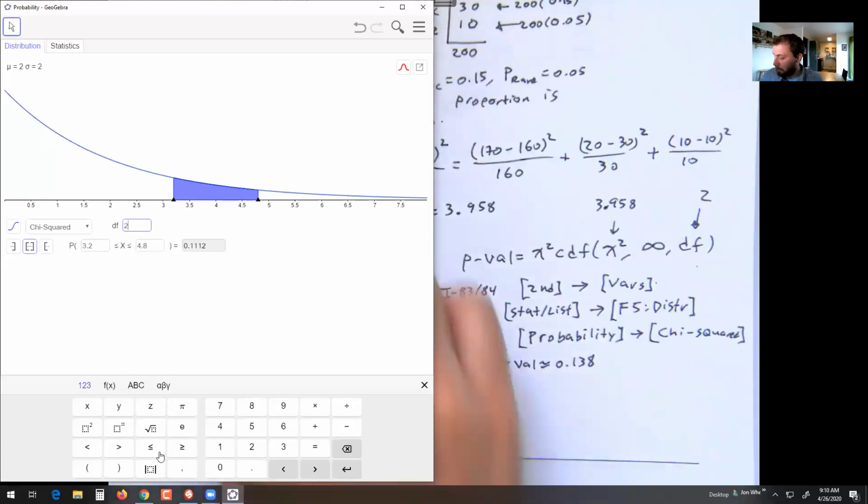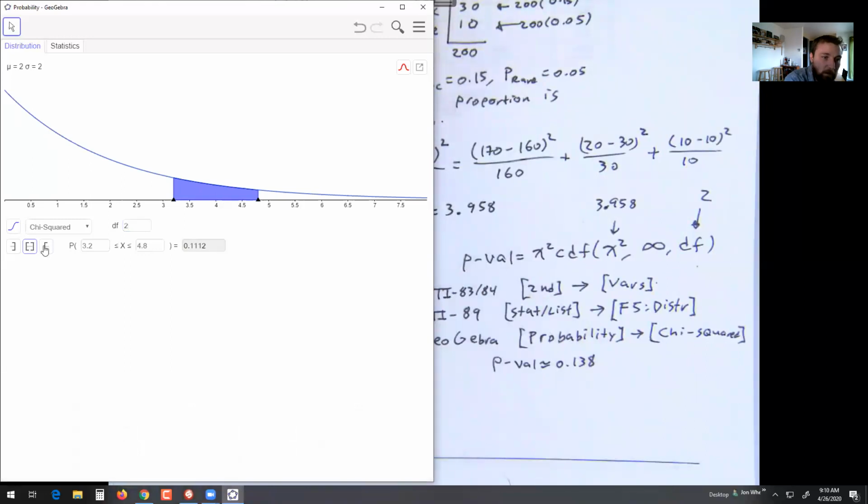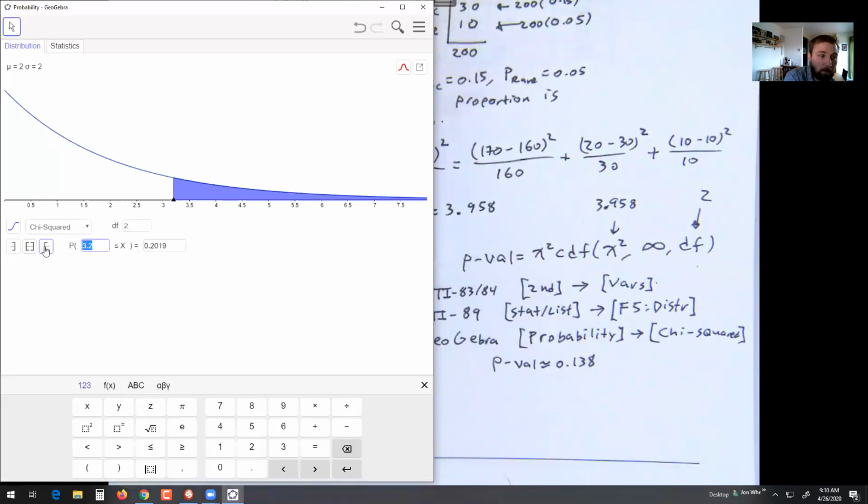It's just this little curve. Now for the shade, I want this thing to be shaded to the right. It's a right-tail test, so I should see it look like this. And then I type in my chi-squared value in this little box here, and the number it spits out is my p-value. My p-value is 13.8%. So no matter how I cut it, whatever technology I'm using, I'm still getting the same p-value.